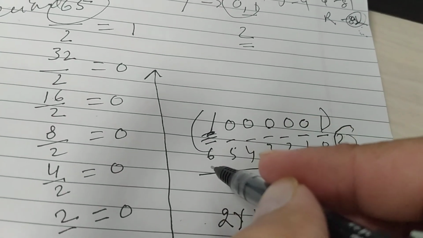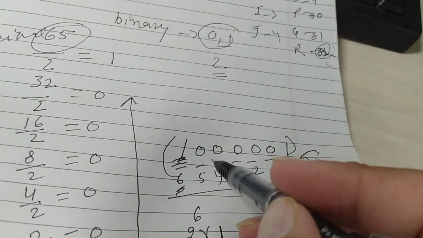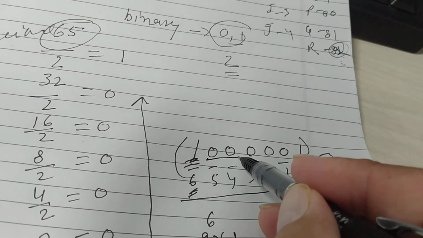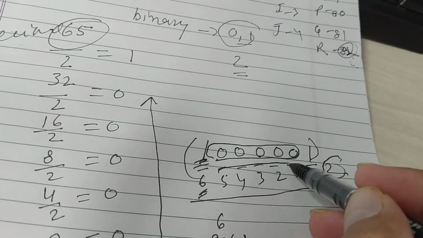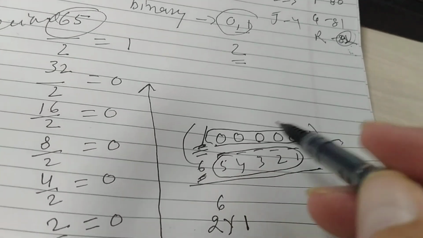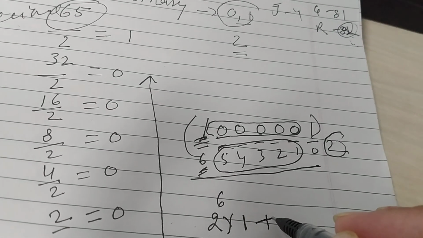Then remaining all are 0, so their answers are 0, so plus.